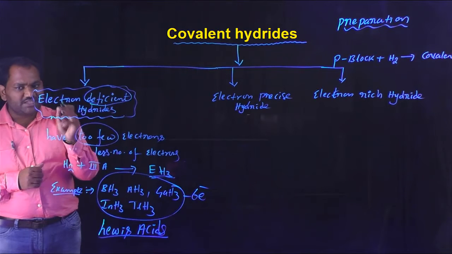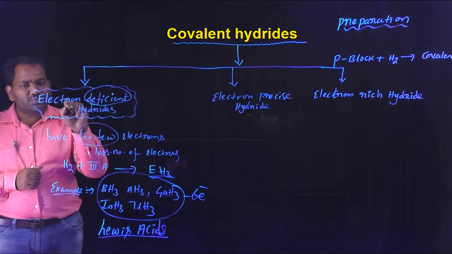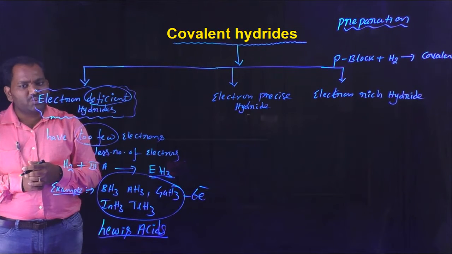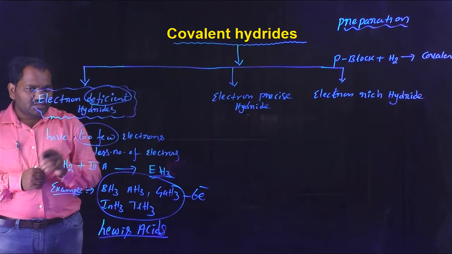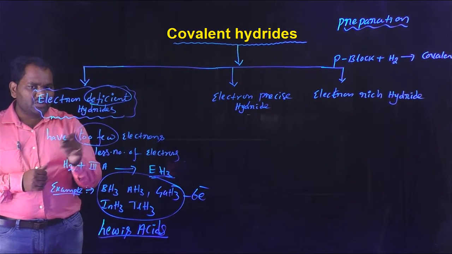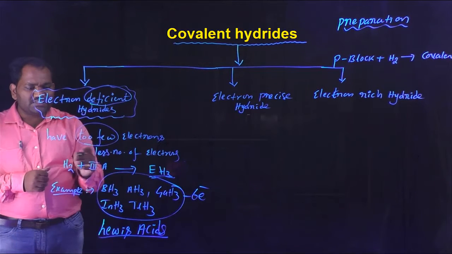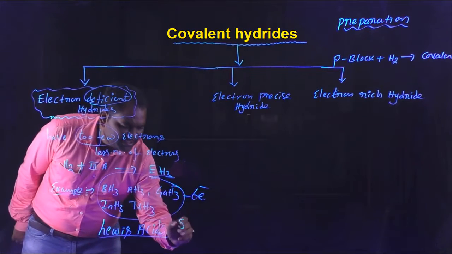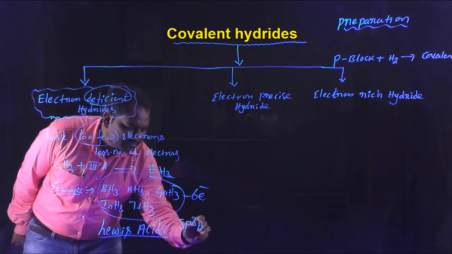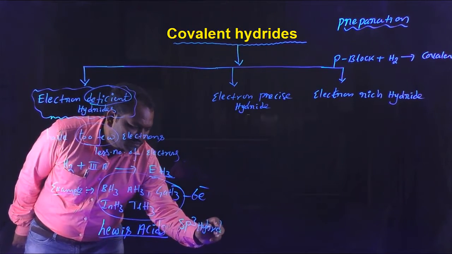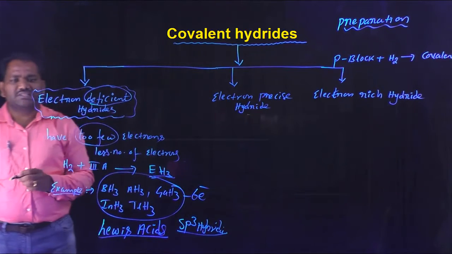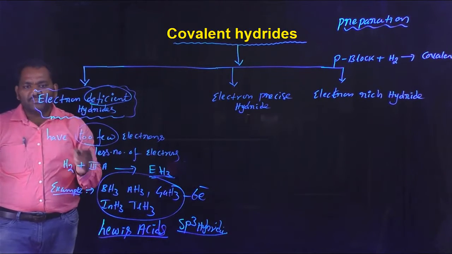These hydrides have too few electrons to write their Lewis canonical structures. Third A group elements like boron family elements form these hydrides. If you observe, all these hydrides undergo sp3 hybridization and have one empty orbital.